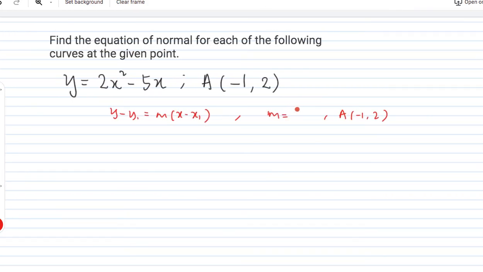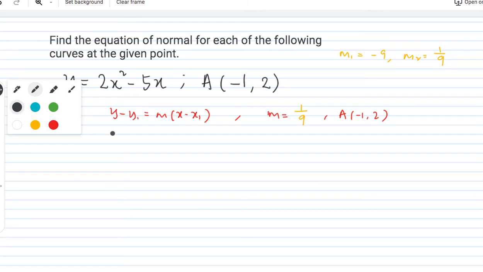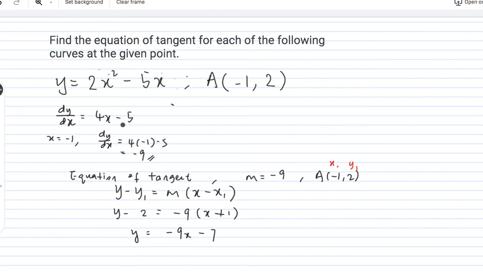If m1, the gradient of the tangent, is negative 9, the gradient of the normal will be 1 over 9. So now this gradient is 1 over 9. Okay, so we just use the gradient. The special part is here, the gradient. All these are exactly the same, especially this one, equation of normal. So from here, continue.